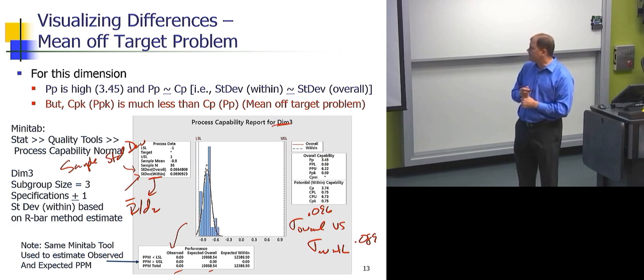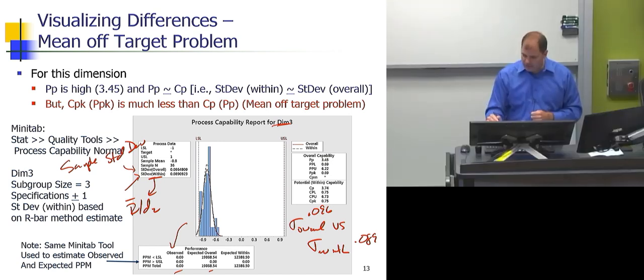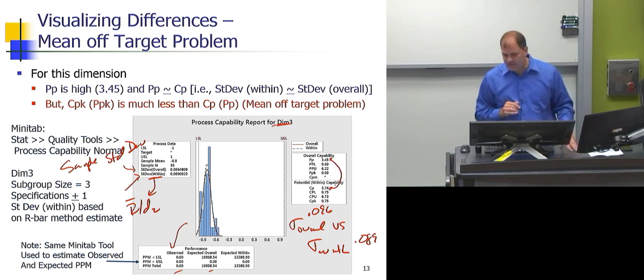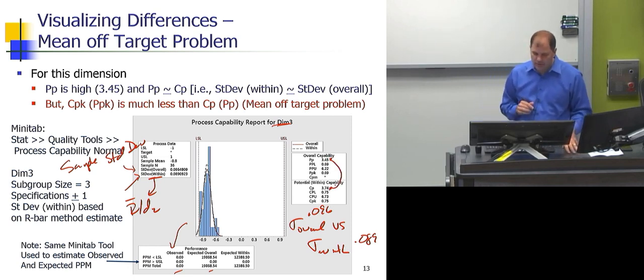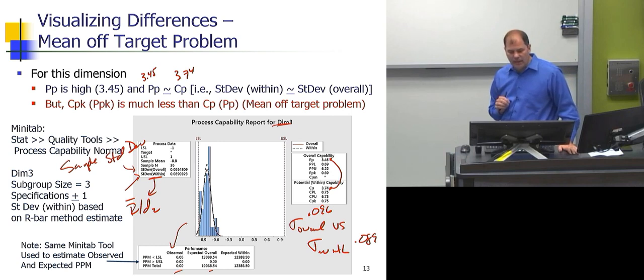Then if we look at the indices, the PP index is 3.45 and the CP index is 3.74. Now you might think of these as a big difference, but both of these are way above 2.